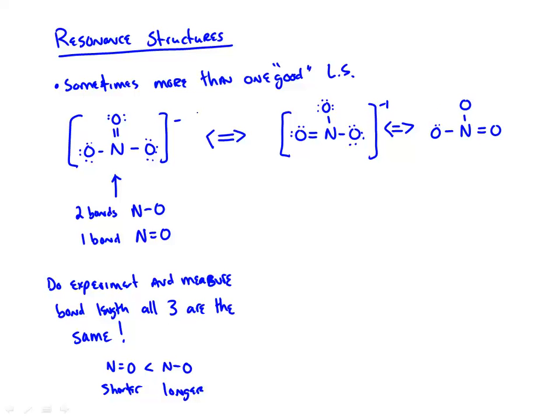Oops, minus 1, minus 1. Draw some more dots, leave some room for the dots. Like this. And so what resonance says is that all three structures are possible and different.